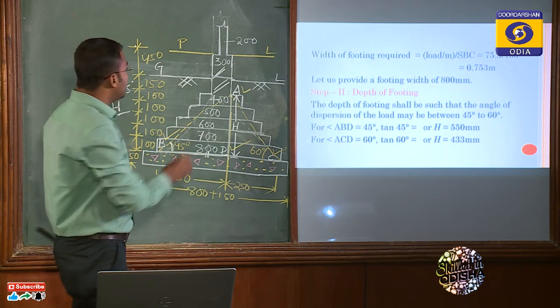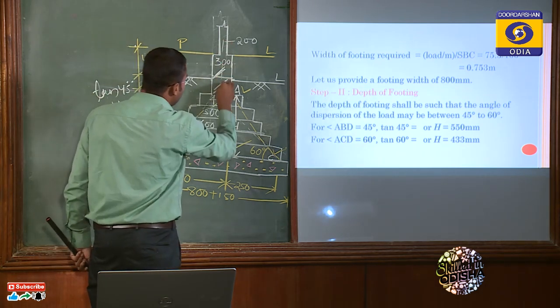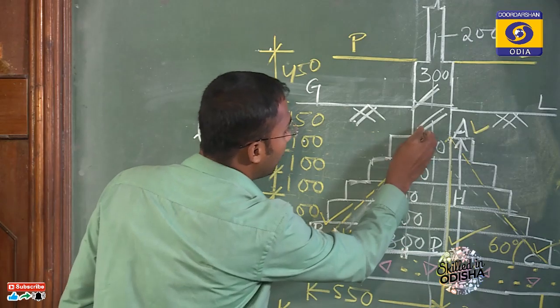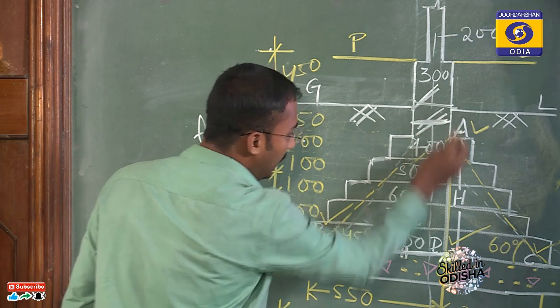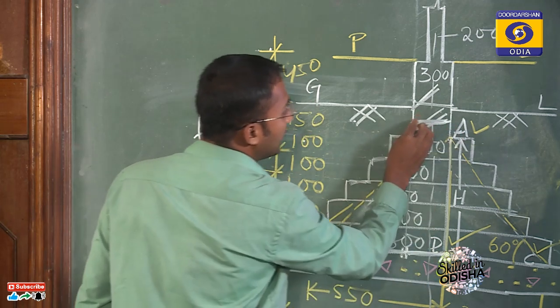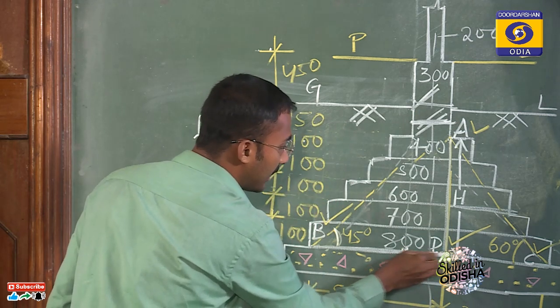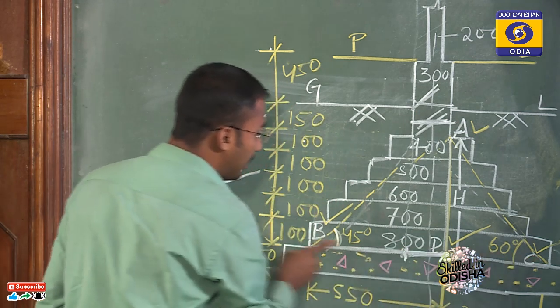So in this case, this is the center line of the footing. This line is parallel to this line, as this is 300, this will be 300. So this is 300 and the total is 800.